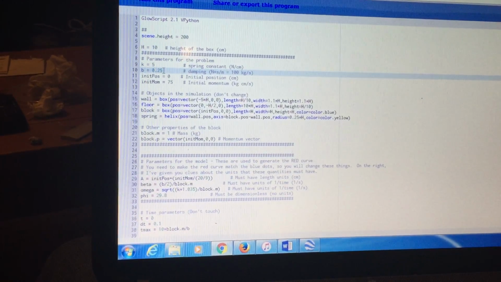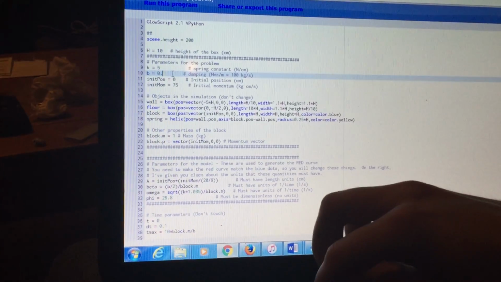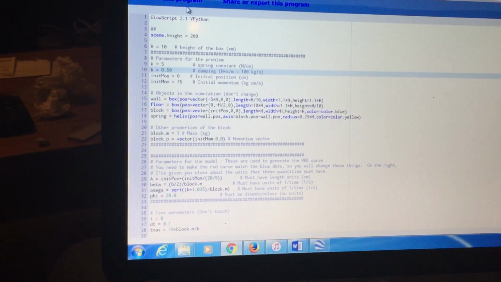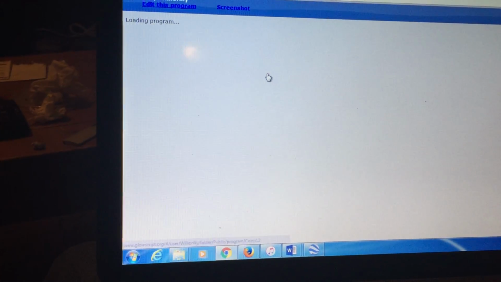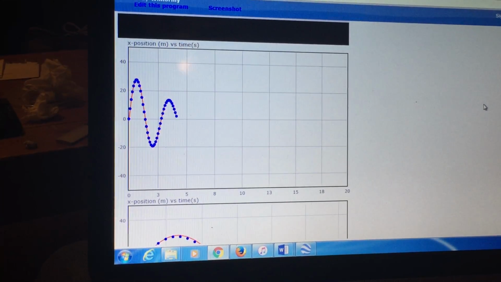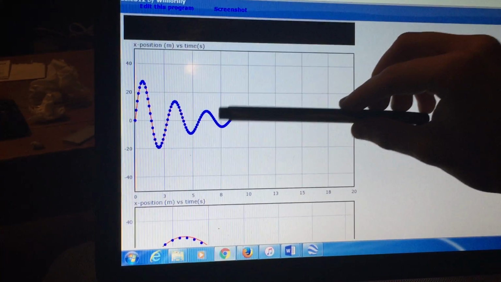And we can also see how the dampening coefficient affects the amplitude. The distance decreases much faster.